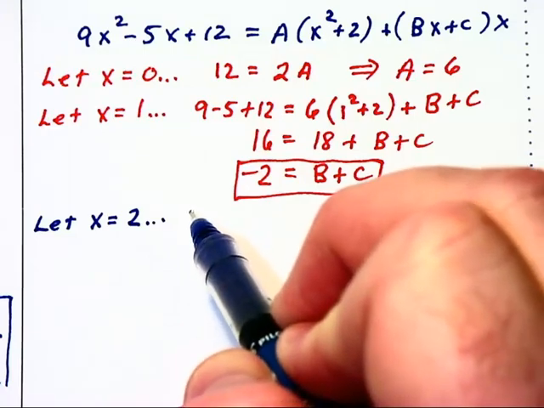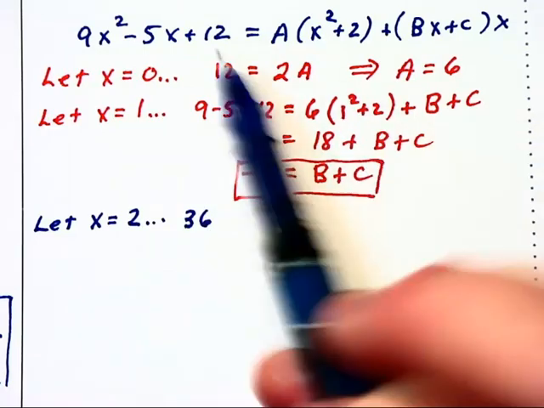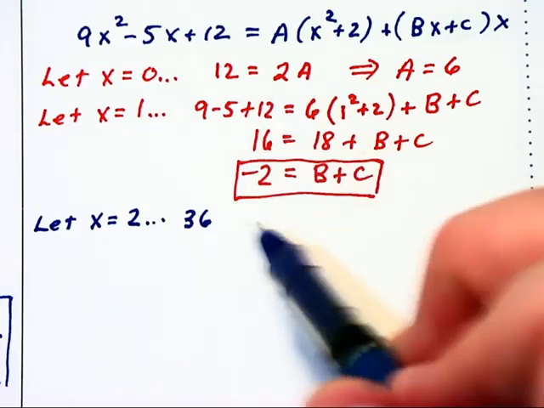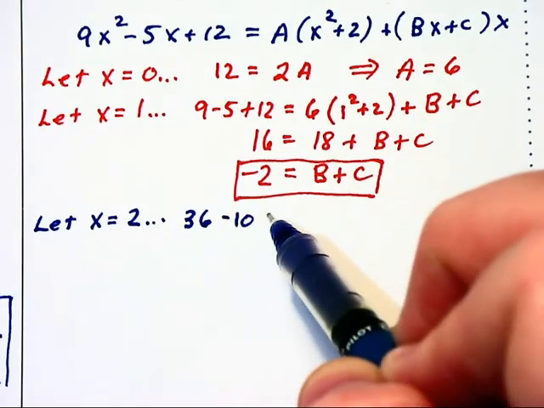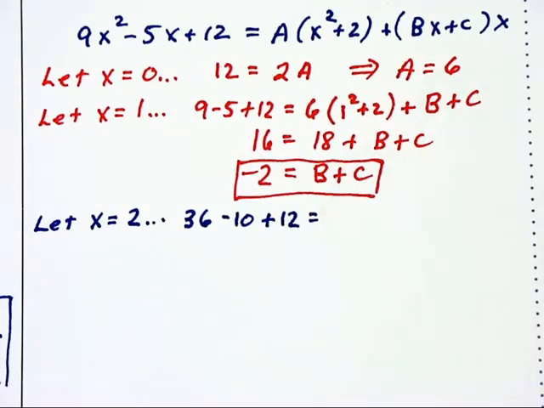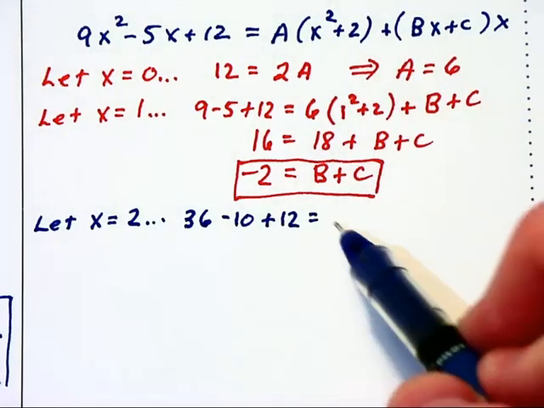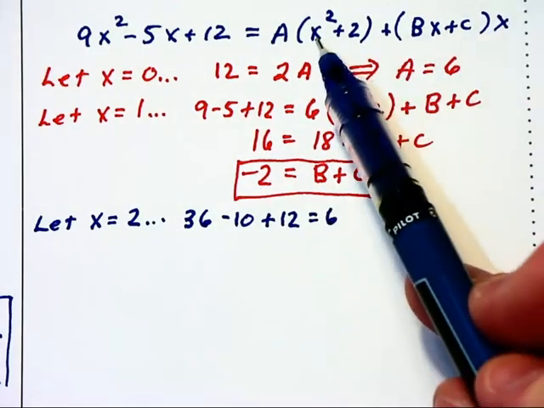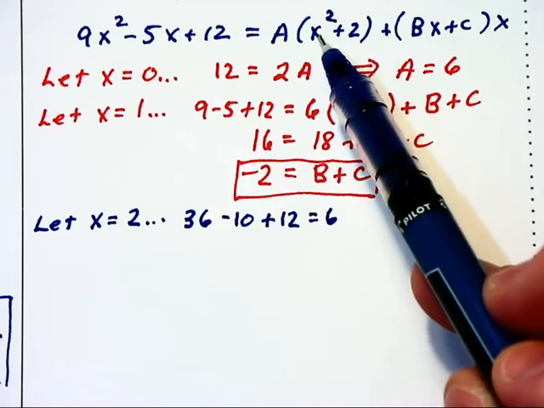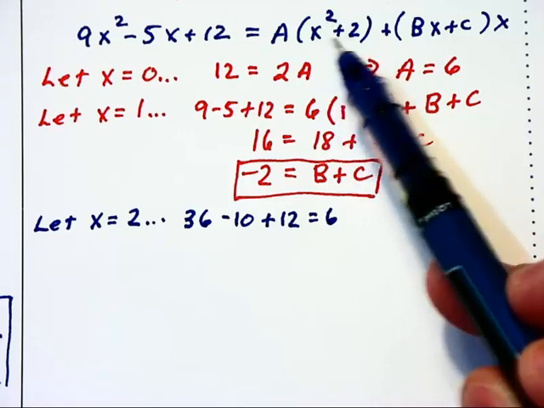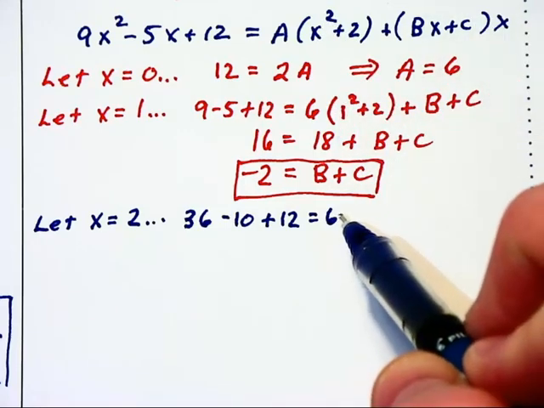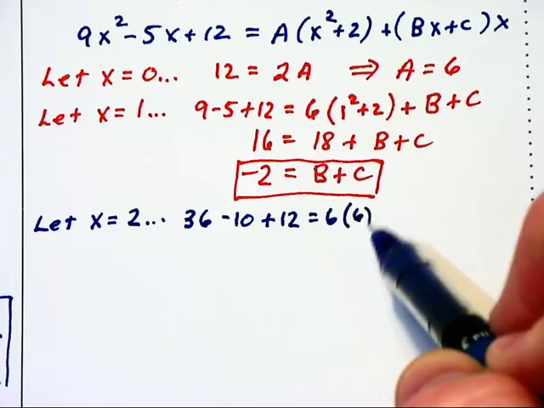That's 9 times 4, which is 36. We have minus 5 times 2, that's minus 10 plus 12. The right side becomes A, which is 6, times 2 squared plus 2. That is going to be 4 plus 2, which is 6. So we're really going to have 6 times 6.